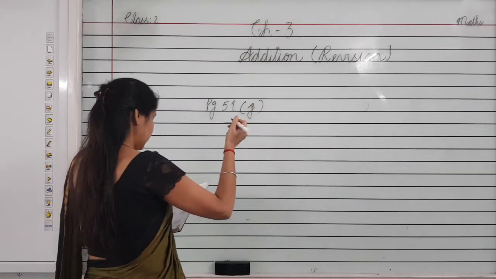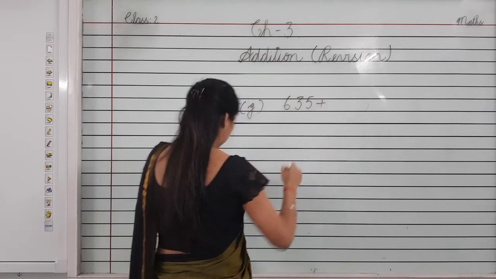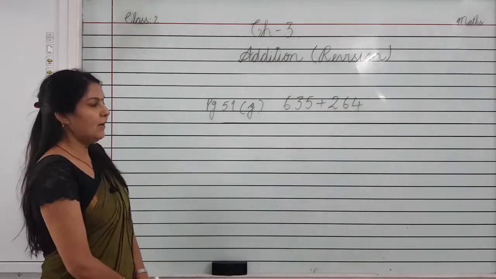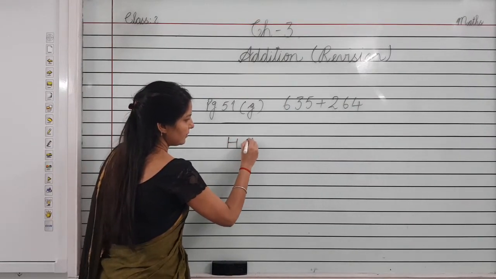Here you have to arrange the number 635 plus 264.